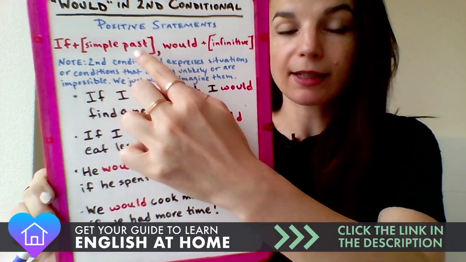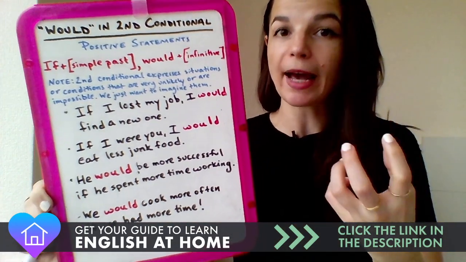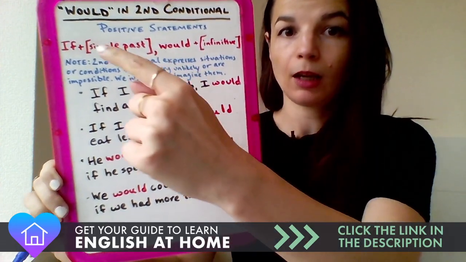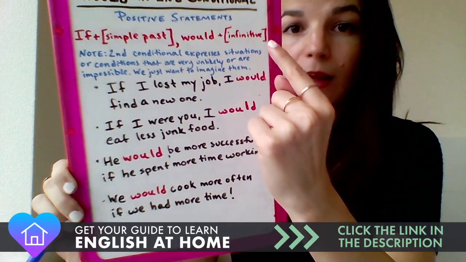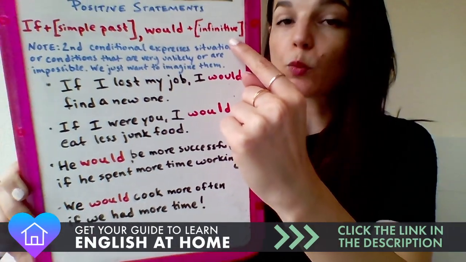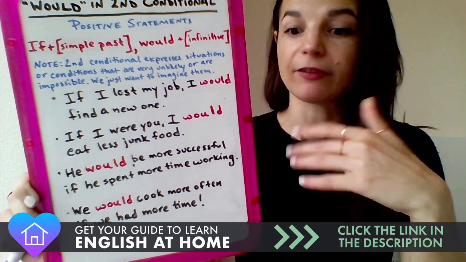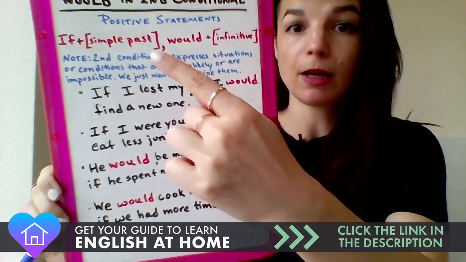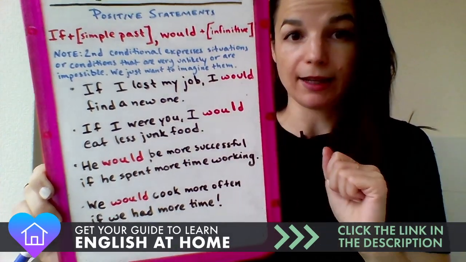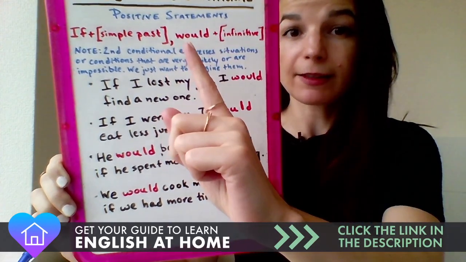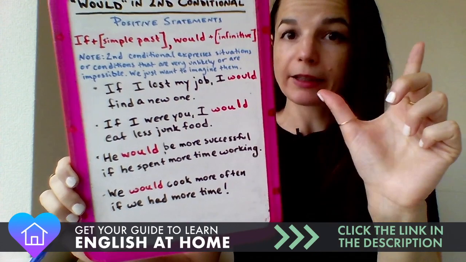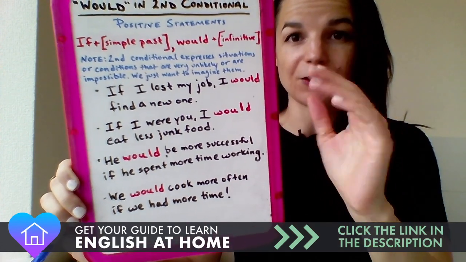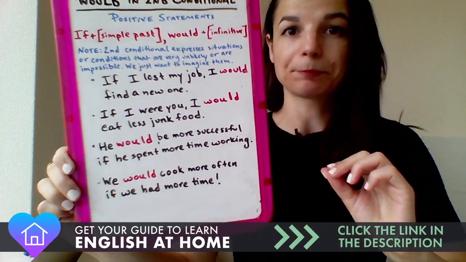So simple past here means we use a simple past tense verb in the if part of the sentence. Then this infinitive means we use the basic infinitive, like the dictionary form of the verb, in the would part of the sentence. So if, simple past, would, and infinitive. Also, you can switch the order of these two. So I'll show you some examples of that.